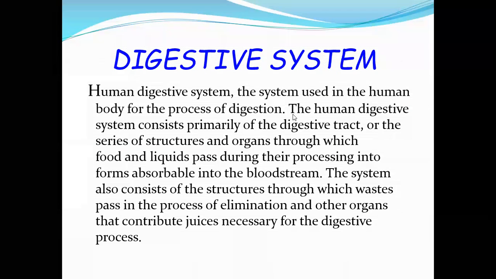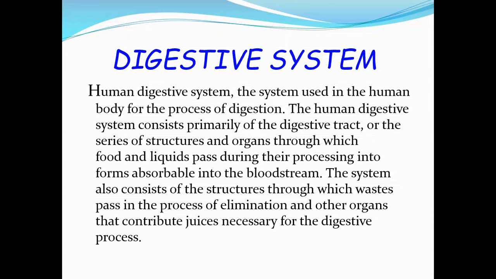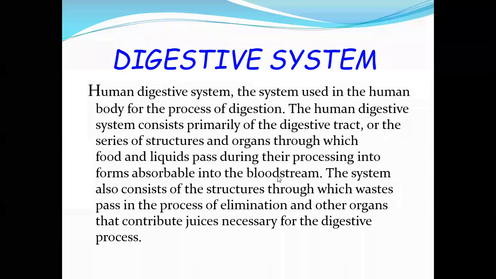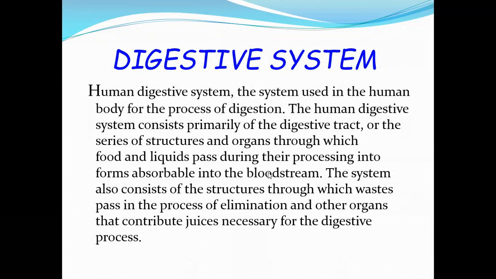Human digestive system, the system used in the human body for the process of digestion. The human digestive system consists primarily of the digestive tract, or the series of structures and organs through which food and liquid pass during their processing into forms absorbable into the bloodstream.